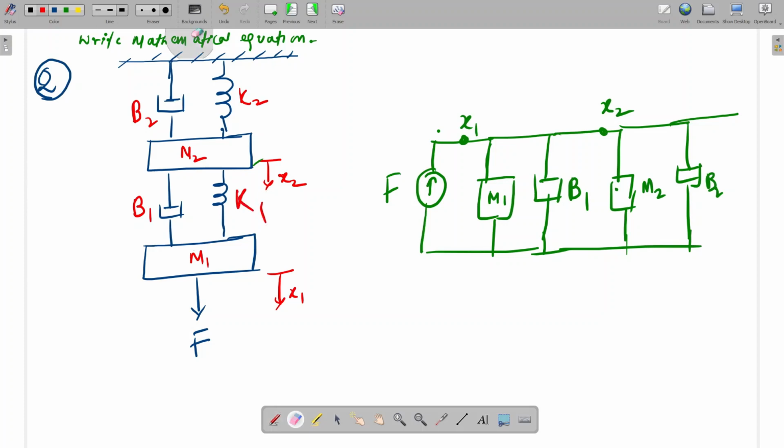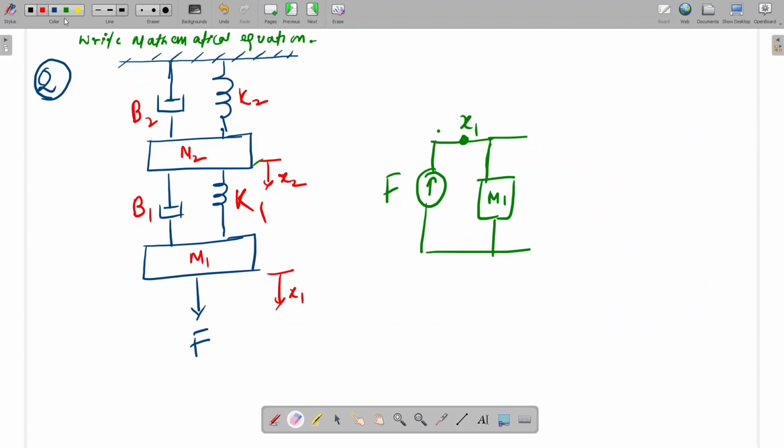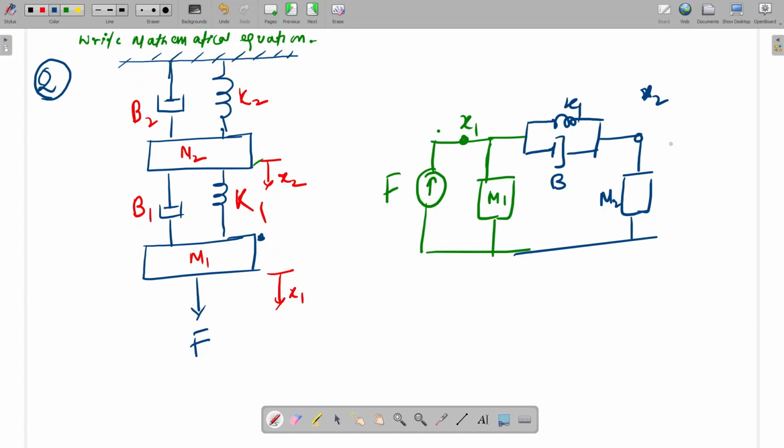This is the X1 point, this is the X2 point. So it is connected like this, K1 and this B1. And again this X2 node will come, and here M2 is there. Again here B2 and K2.